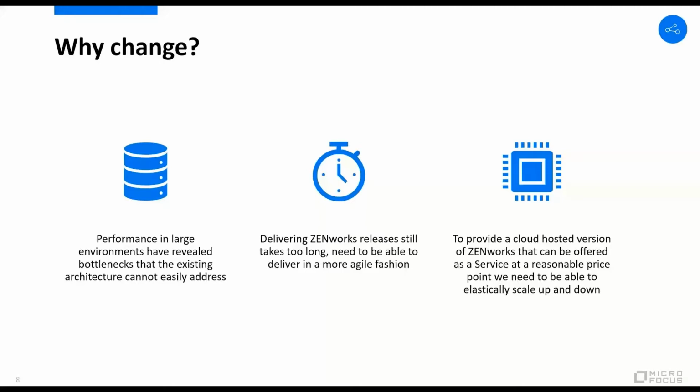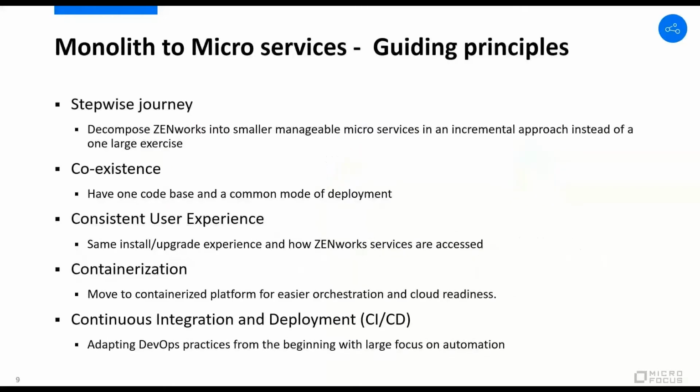We are trying to follow a cadence of 6 months per release, which in this case hasn't really panned out, and that is something we believe we can definitely improve upon with the onset of a new architecture. And lastly, and maybe most importantly, in a longer term view, we want to provide a cloud-hosted version of ZENworks, which we can then offer as a service at a reasonable price point, and which can elastically scale up and down depending upon the needs.